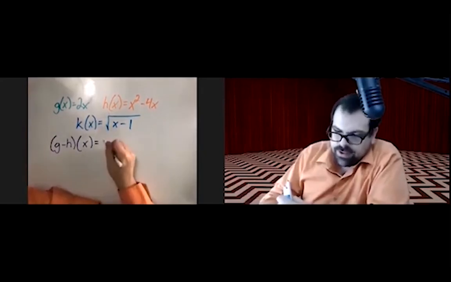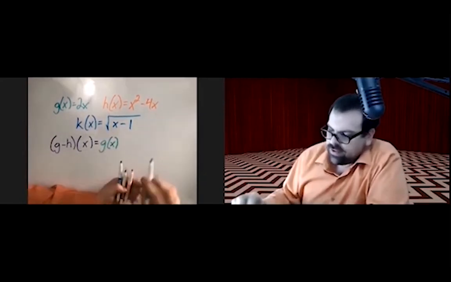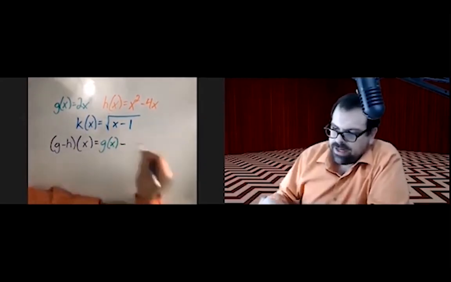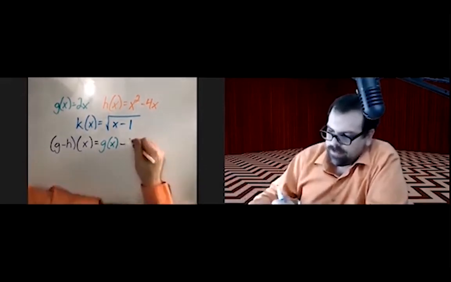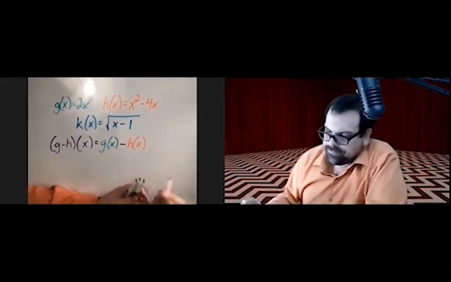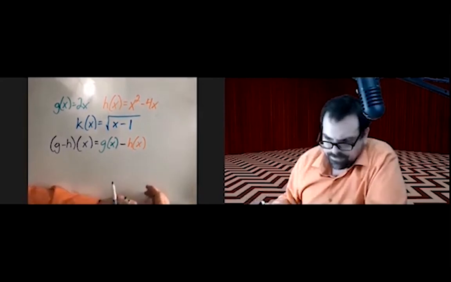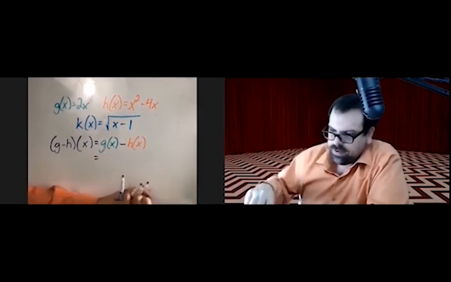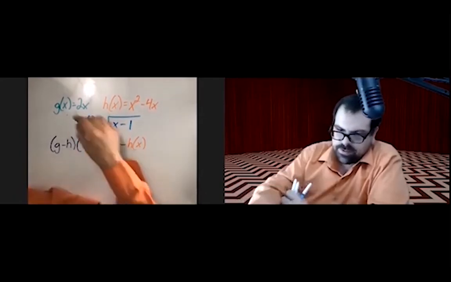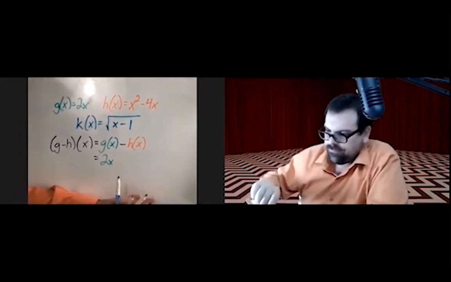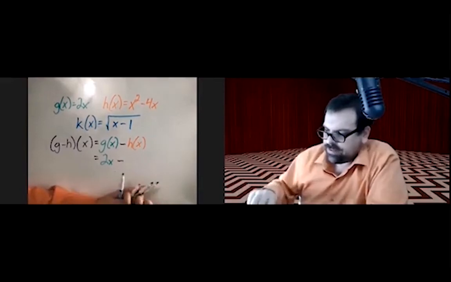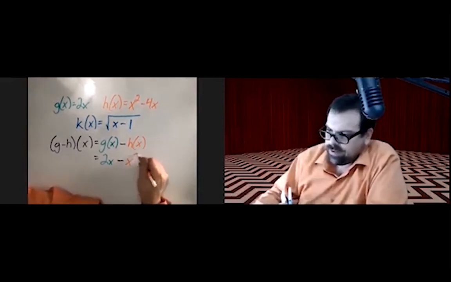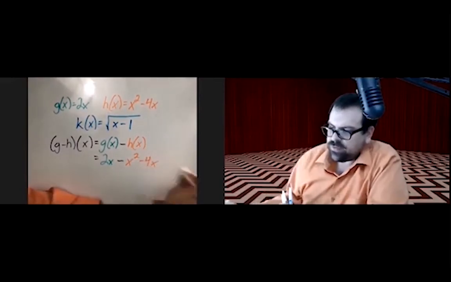So we need g of x minus h of x. That's going to be 2x minus x squared minus 4x. And what am I missing?